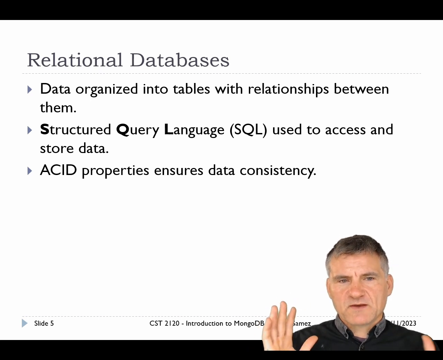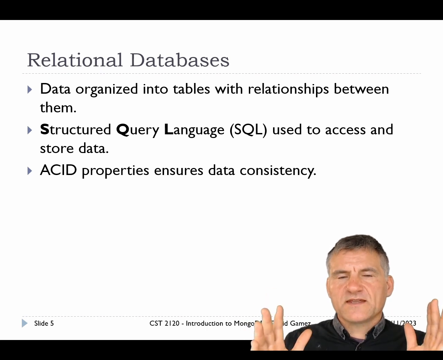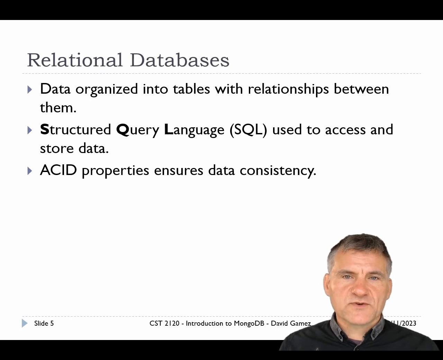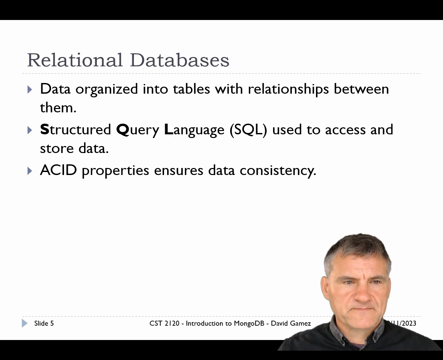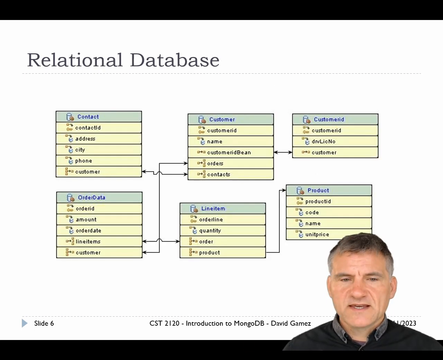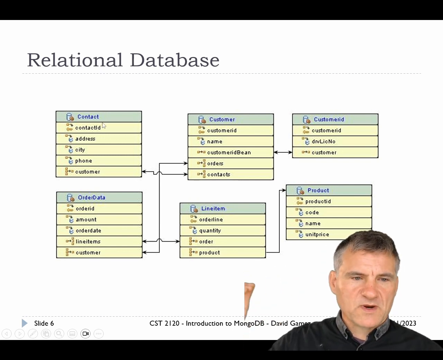And with a relational database, there's a set of properties called ACID properties that every relational database must have in order to ensure consistency in the data within that database. So this is a very classic relational database. Here we have different tables, and each table has one or more fields in it.